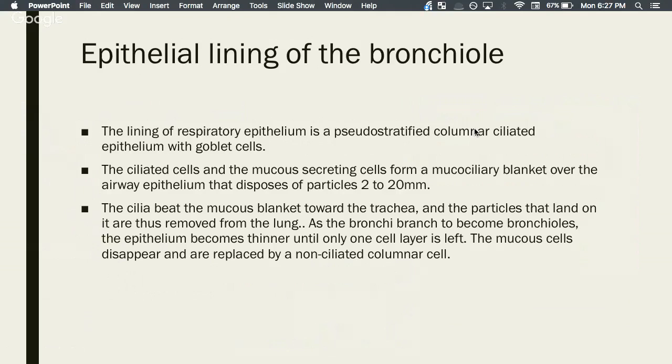As the bronchi branch further in, so as you get deeper into the lung, you have less epithelium, and it becomes thinner and thinner until there's only one cell layer left. And you lose your cilia as you go further into the lung.